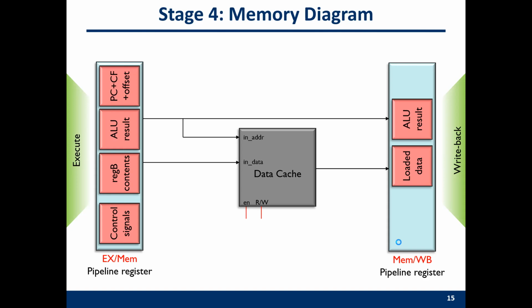Then the register B is somehow for the memory address. So we actually know which value to store to this register. So the register here, data.